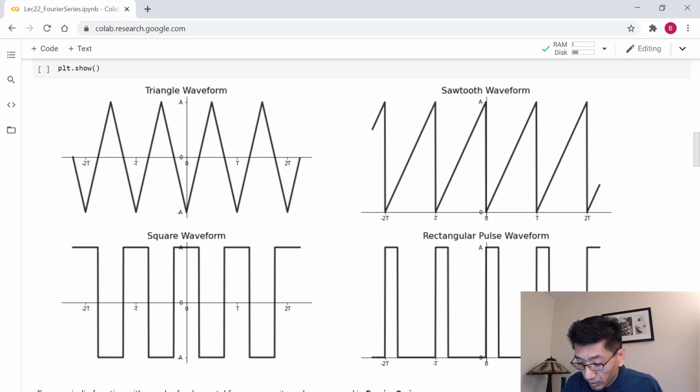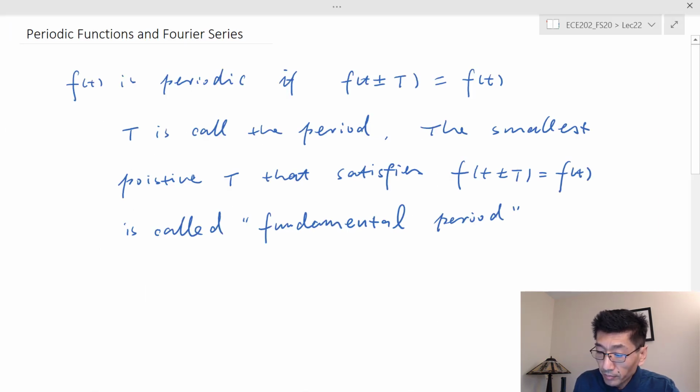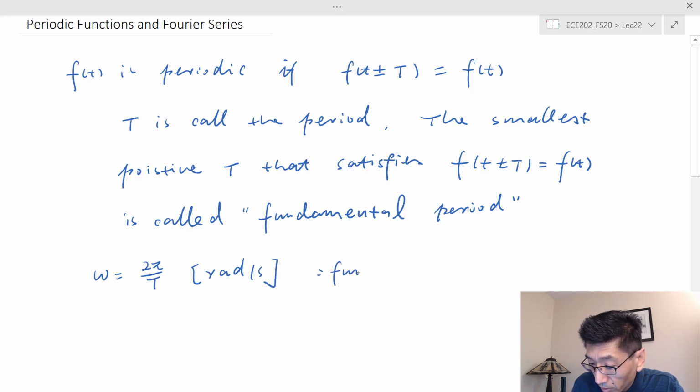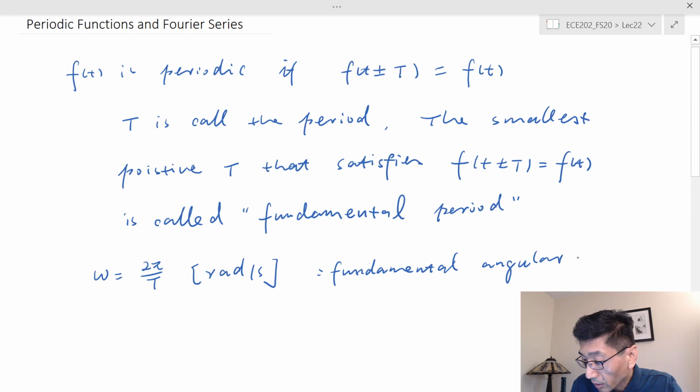If we have a periodic function with fundamental period T defined, the fundamental frequency omega is equal to 2 pi over T. This is in radians per second, and it's called the fundamental angular frequency.